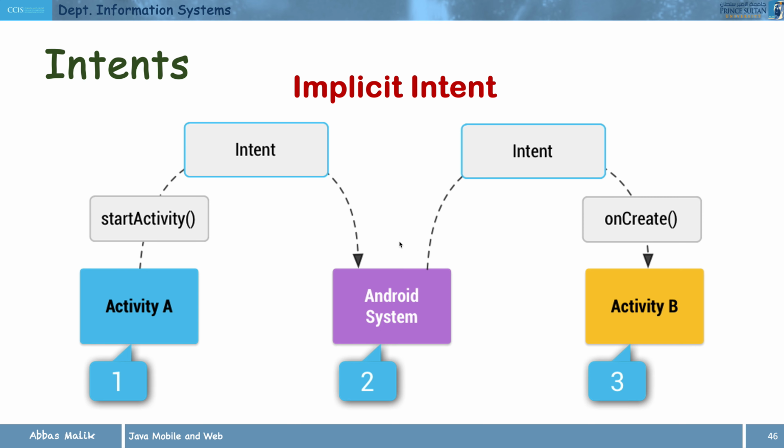Then you can select, and it will start that one. But if it is explicit, then the system does not come in. It communicates directly with the other component that you want to start or execute. So the system goes away in the explicit one.